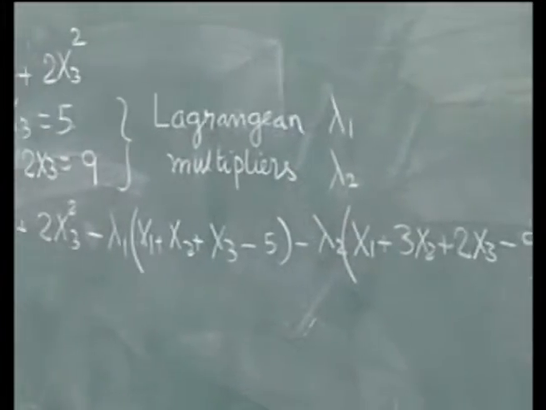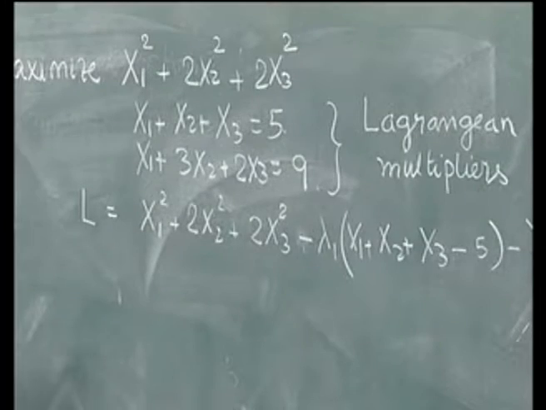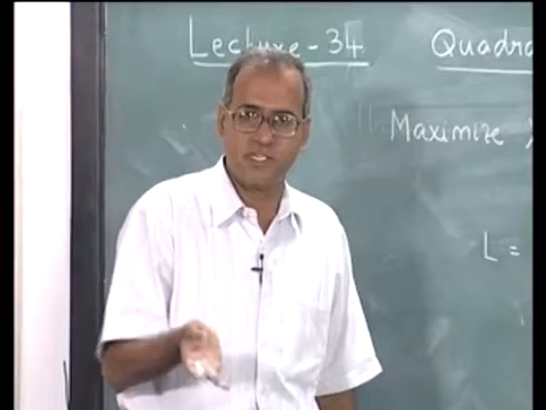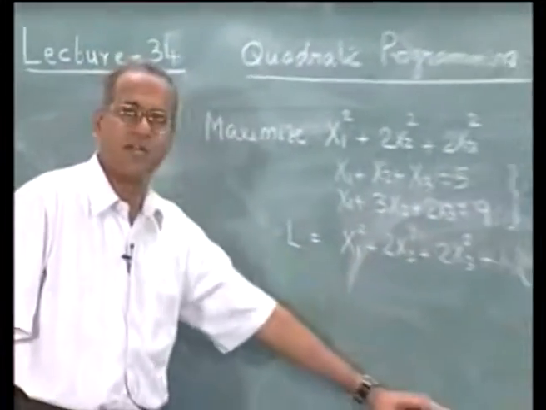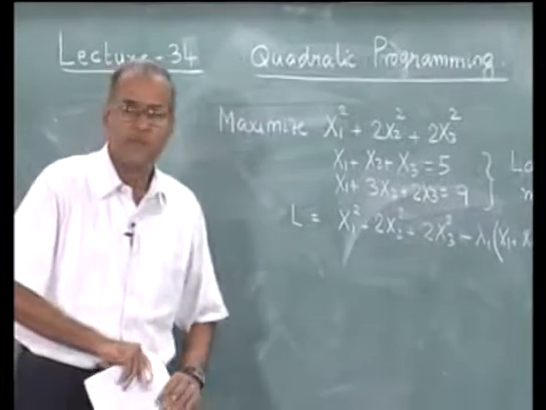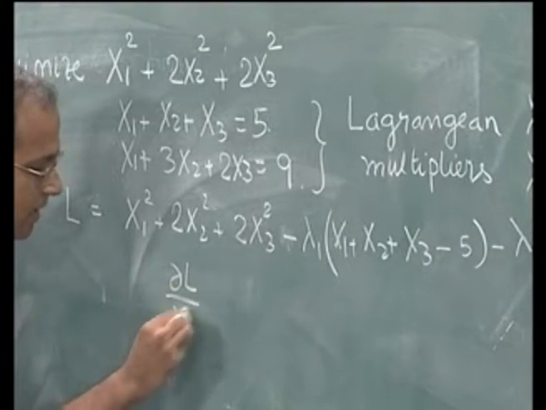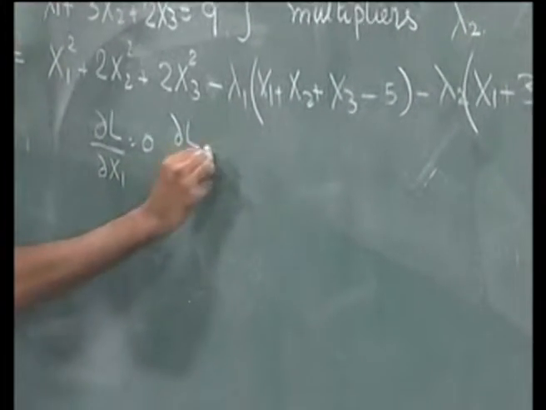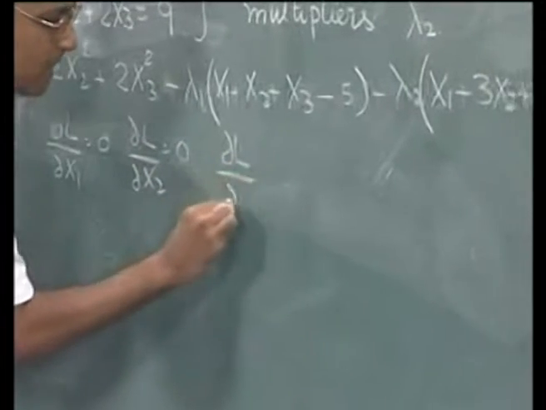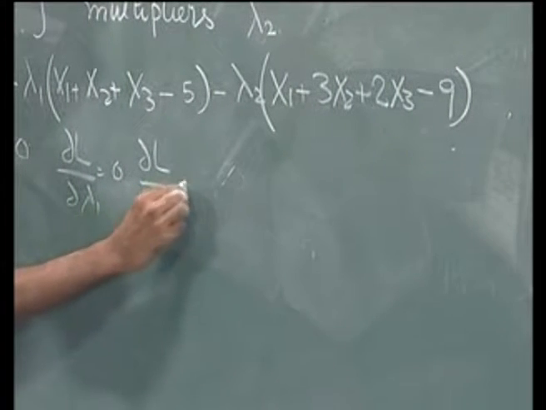Then we can go back and take partial derivatives equal to 0, which would give us the corner point. Then we have to look at the sufficiency condition and verify that whatever we got by the partial derivatives is actually a maximum. So, we just go only up to the partial derivatives. You could do dou L by dou x1 equal to 0, dou L by dou x2 equal to 0, dou L by dou lambda 1 equal to 0, dou L by dou lambda 2 equal to 0, which would give us the solution.